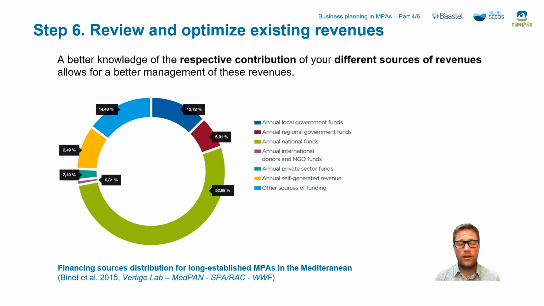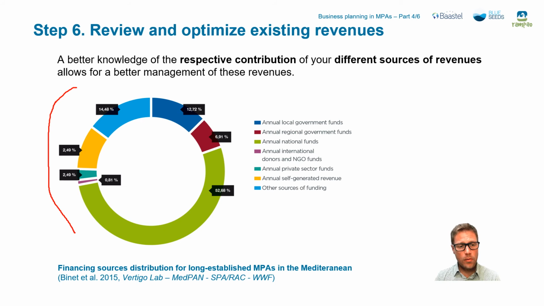Before you rethink your revenues, you need to review what those revenues are, what their different contributions are to your revenue budget. And in this respect, the business plan tool, if you remember in video 3, produces an output which describes the proportion of the different types of revenues to your revenue budget.